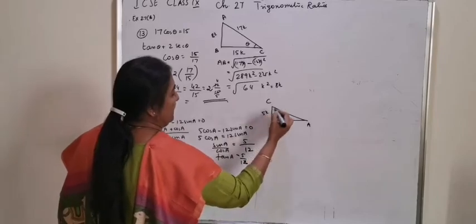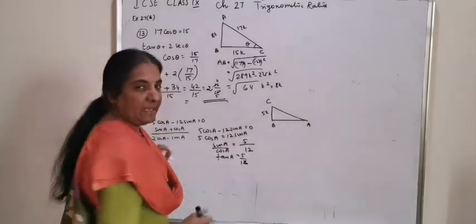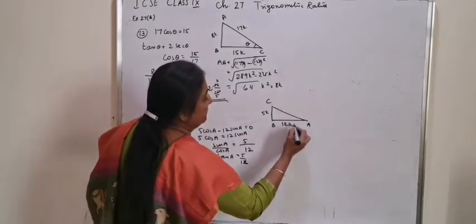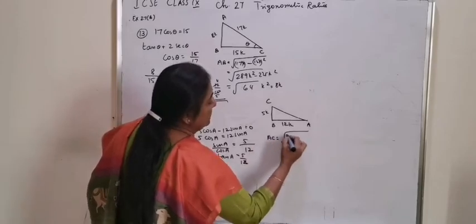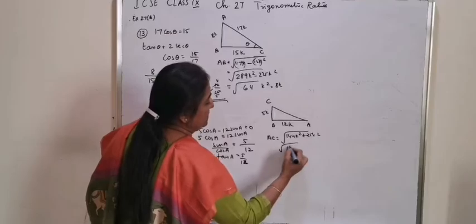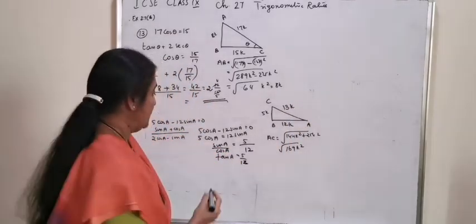Tan A is 5k by 12k. Tan A is equal to perpendicular by base. AC is equal to square root of 144k square plus 25k square, square root of 169k square. It is the same as 13k.